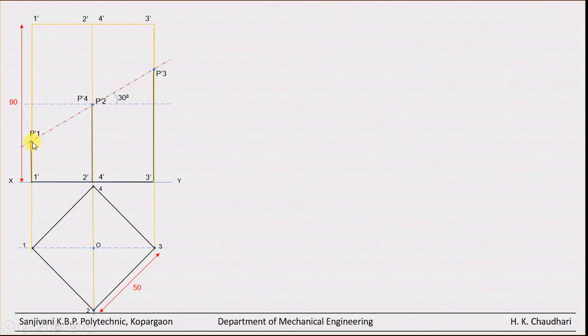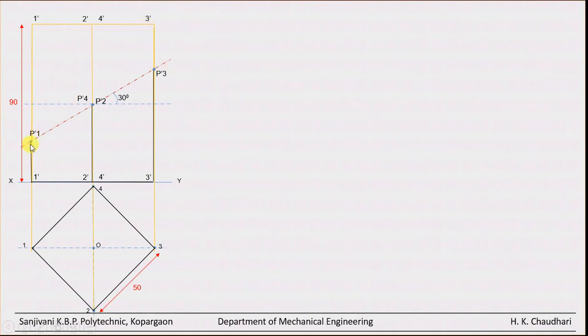Now these edges, P-1 to 1 dash, there is the vertical edge which is not cut by this section plane above this point P-1. Clear? So all the remaining edges, now this above portion is removed.